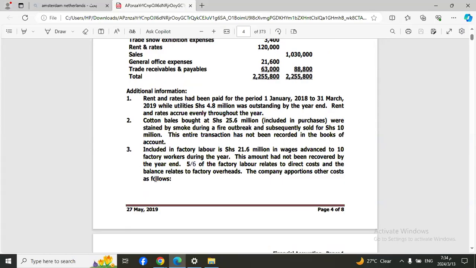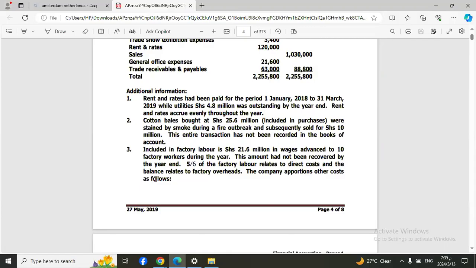They are telling us on note number 3, included in the factory labor is 21.6 million in wages advanced to 10 factory workers. So they are saying that this amount had not been recovered at the end of the year. 5 over 6 of the factory labor relates to direct costs, and the balance relates to overhead costs.